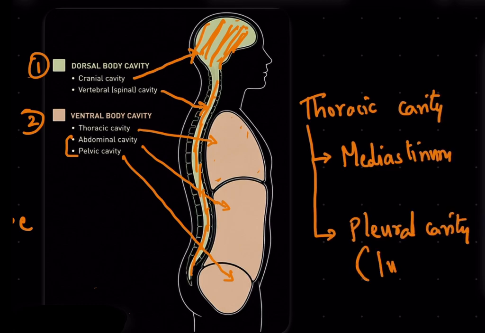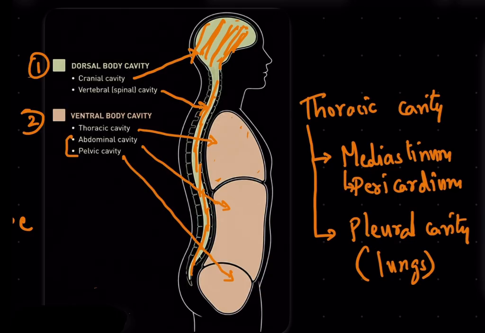Pleural cavity is the one that encloses your lungs. Mediastinum is the cavity that houses your esophagus, the trachea, the large blood vessels, and also your heart. So the cavity of the heart, which is called the pericardium, is part of your mediastinum.